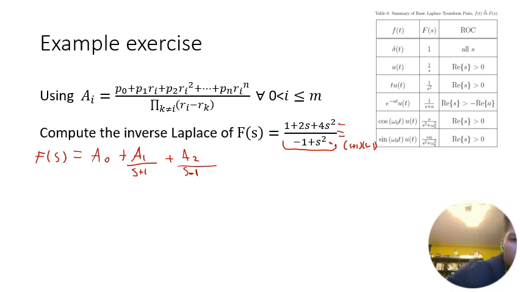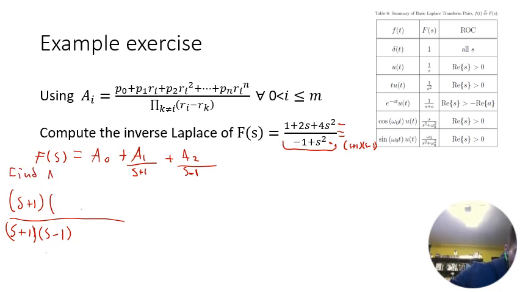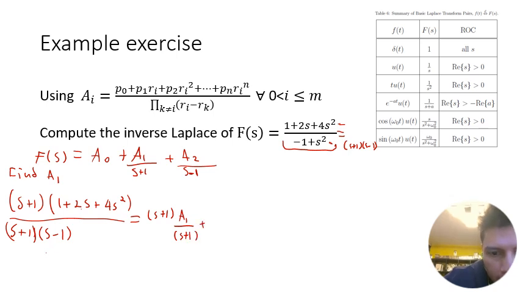So we have 1 plus 2s plus 4s squared over s plus 1 times s minus 1, and that has to be equal to s plus 1 times a1 over s plus 1 plus a0 plus a2 over s minus 1 times s plus 1.